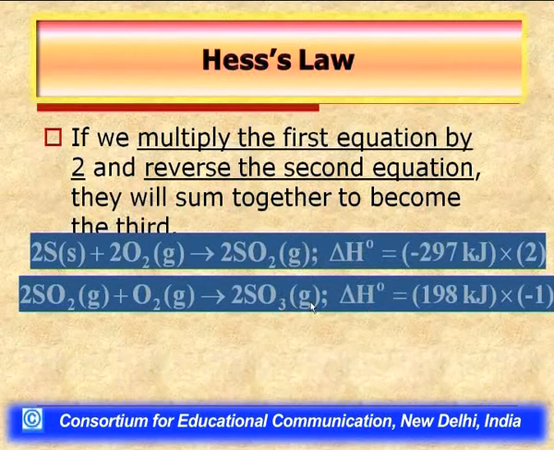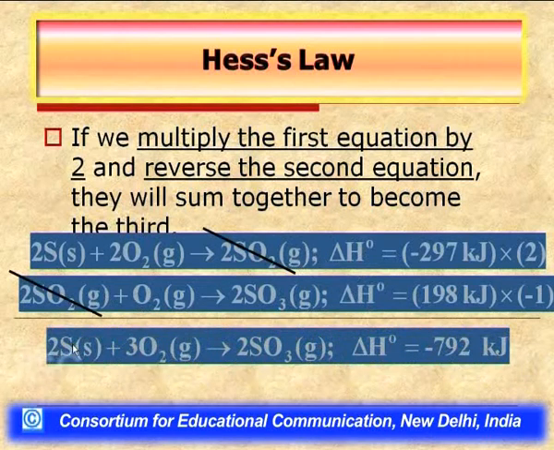Now we can sum up these two chemical reactions and see what we get. When we do so, the sulfur dioxide on the left hand side and right hand side of the two equations cancel. When we sum up the two reactions, we get 2 sulfur in solid state plus 2 oxygen in gaseous state, which leads to 2 moles of sulfur trioxide.